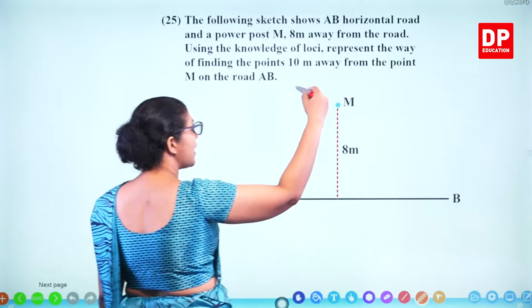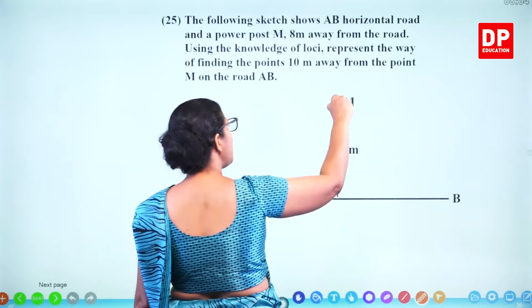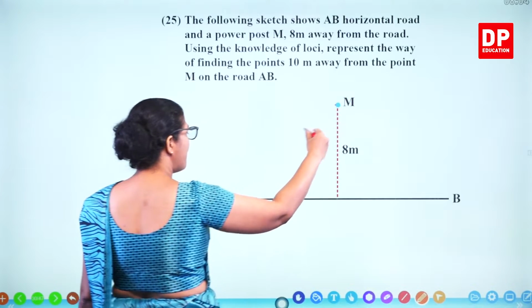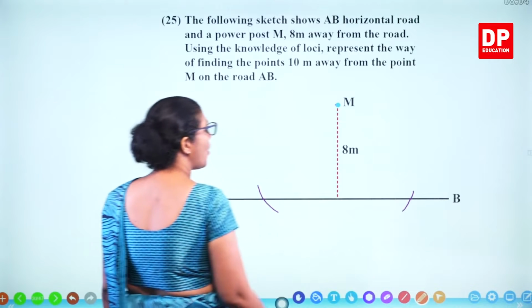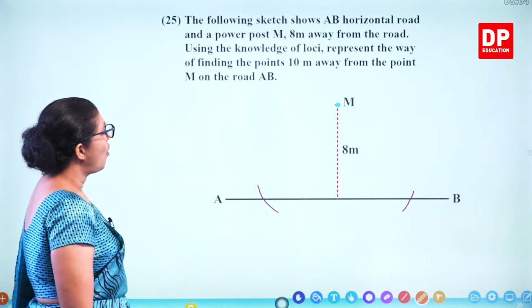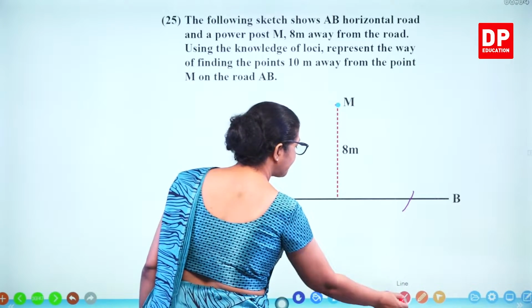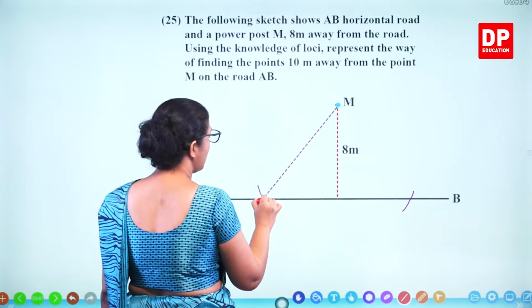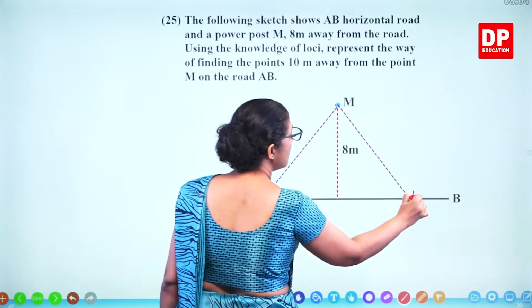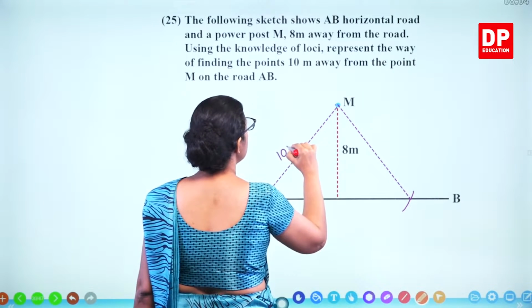So, when you take 10 meter length from the compass, keep it on top of M. So, you get 2 points on AB. This length here to here or here to here, both are the same, 10 meter length.